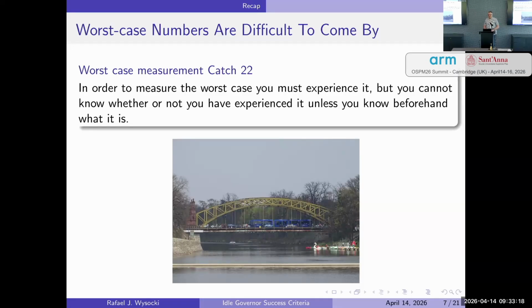Because you never know if you have experienced it already. Maybe yes, maybe not. So this is always an approximation, using the assumption that if a measurement is repeated a sufficiently large number of times, then from the statistics perspective, chances are that we will experience the worst case.